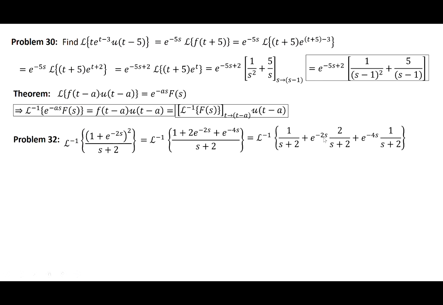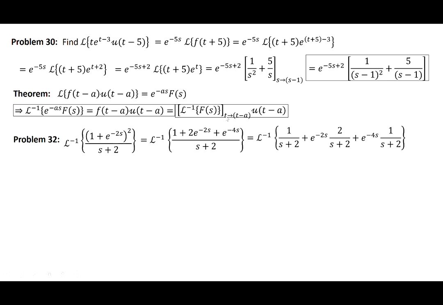Are you okay with that? I'm just comparing e to the negative as f of s with this one, with a being positive 2, f of s being 2 over s plus 2. Cool. Look at this side. To figure that Laplace inverse, we need to figure out Laplace inverse of f of s itself, which is Laplace inverse of 2 over s plus 2.